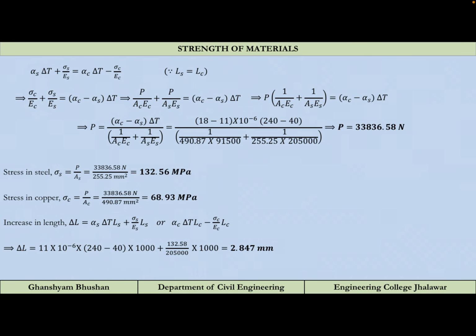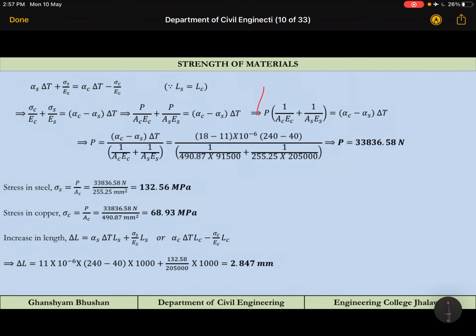Now because length of copper and length of steel is same, L will get cancelled out, and finally you are having this kind of equation. You can directly use this if the marks allotted to the question is less. So this is your final equation.